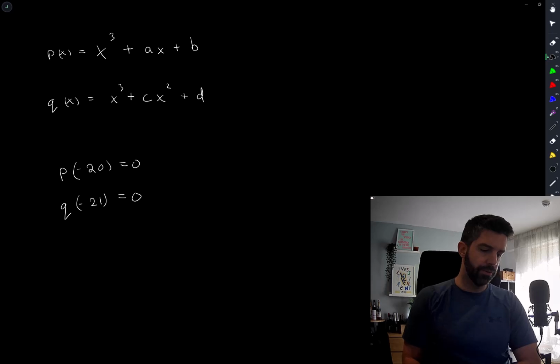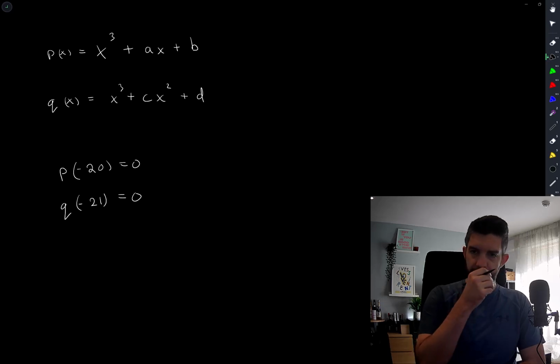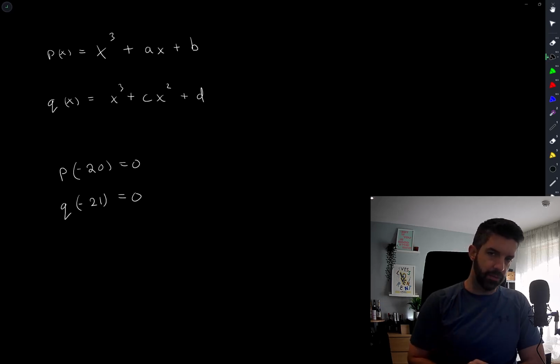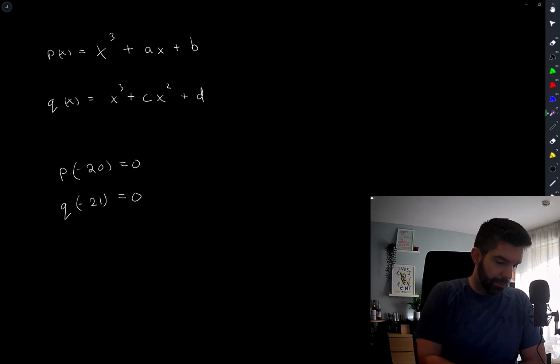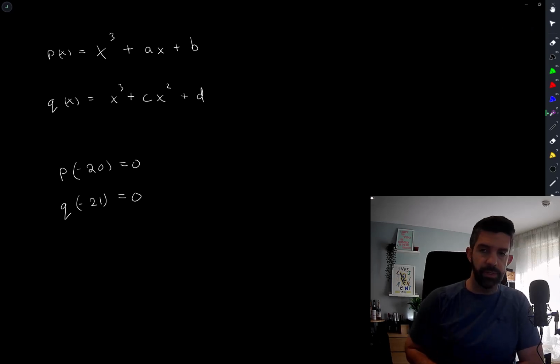Okay, so my thought here is, I wasn't completely sure exactly what to do at the beginning. I thought maybe we would substitute negative 20 and negative 21 into these polynomials, maybe do some algebra, find relationships between a, b, c, and d.